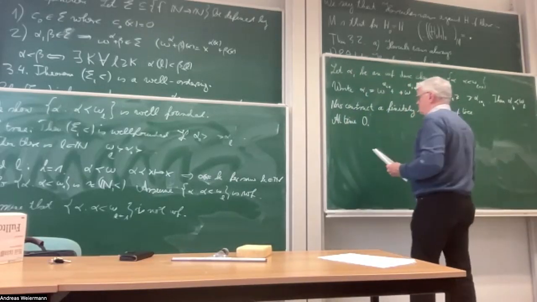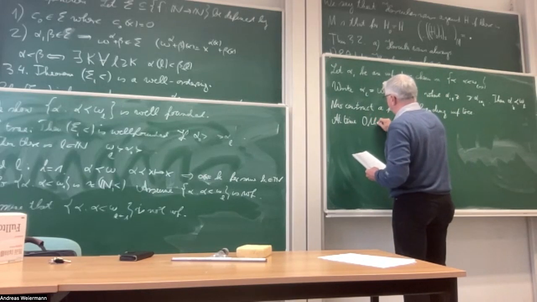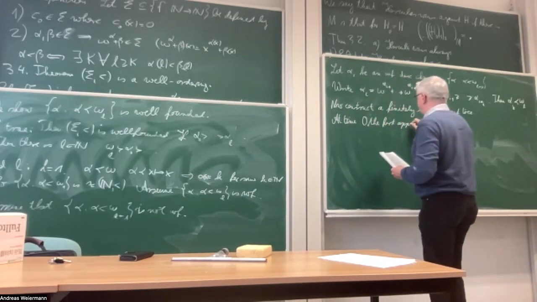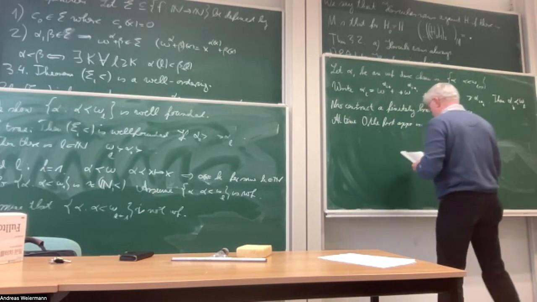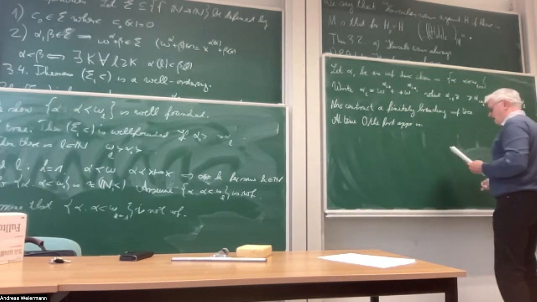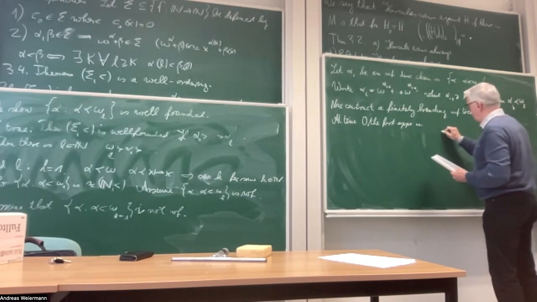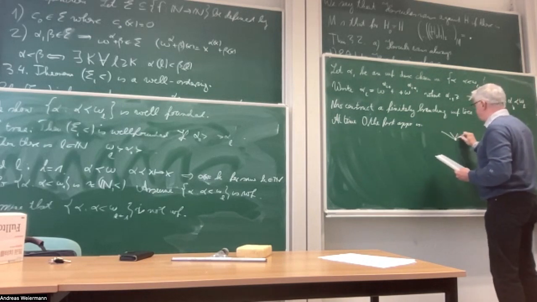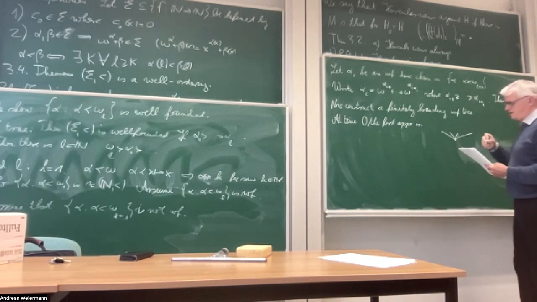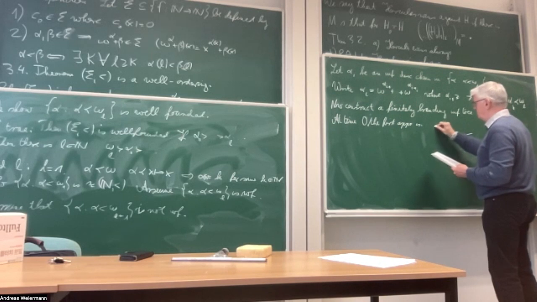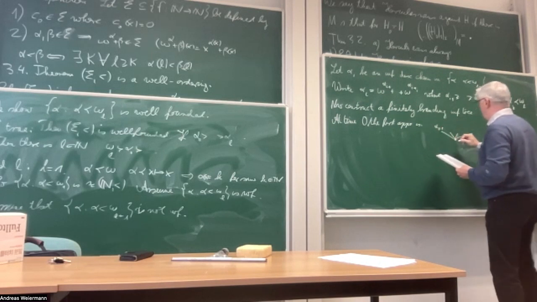The first approximation is the following. We take a tree, and then we plug the exponents of alpha 0. We have alpha 0, 1.